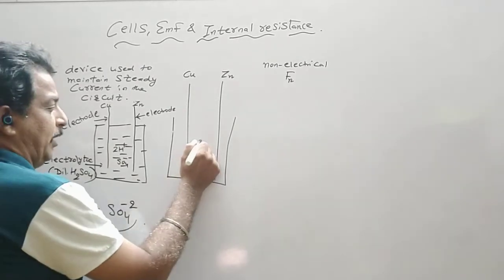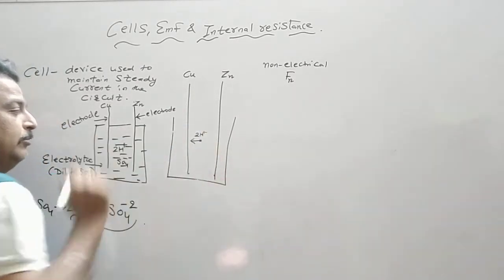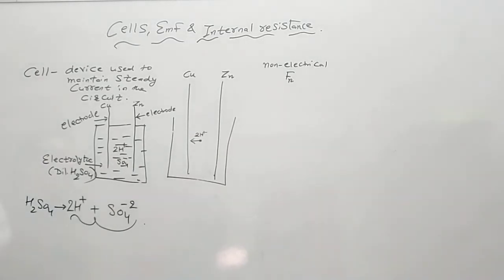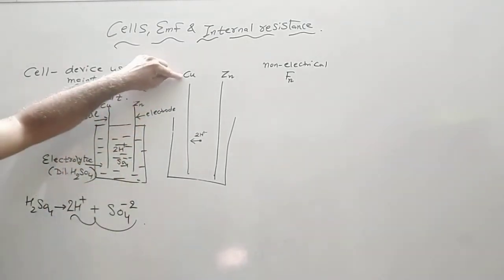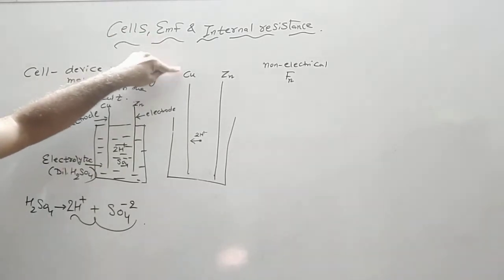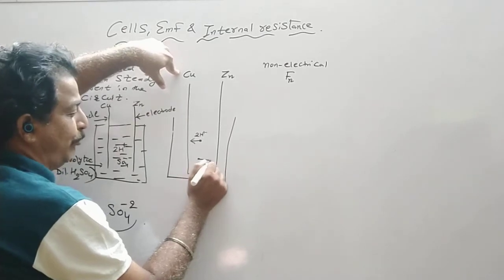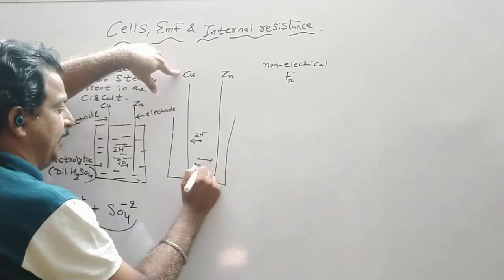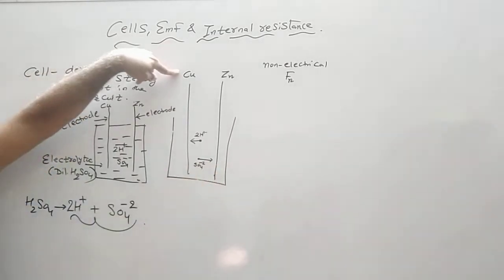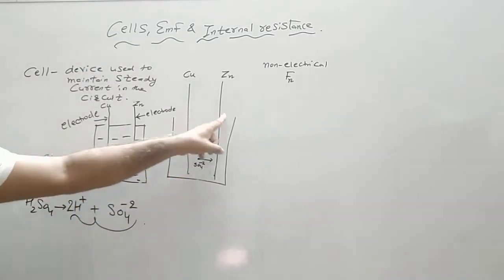So due to chemical force, this H plus ion will move towards the copper rod because it has more ability to lose an electron as compared to zinc, and the SO4 minus ion, the valency is minus 2, these negative ions move towards zinc.